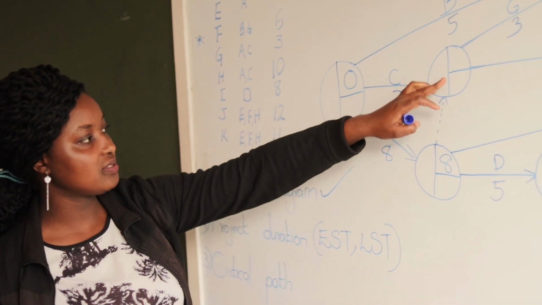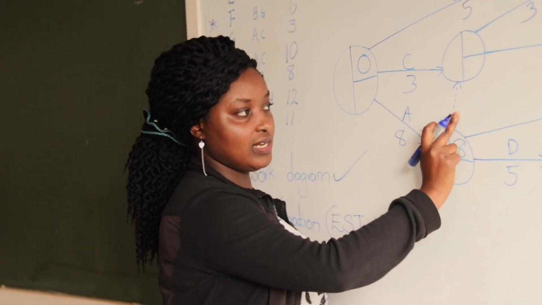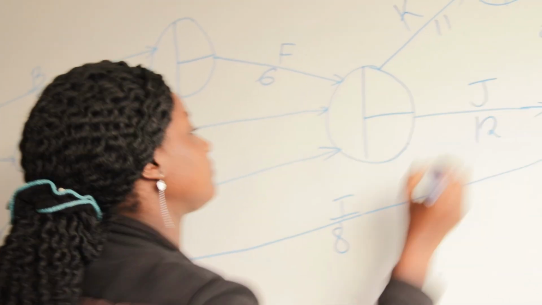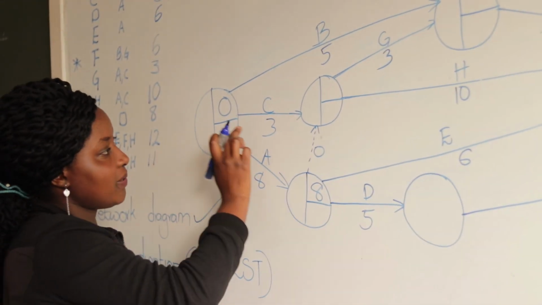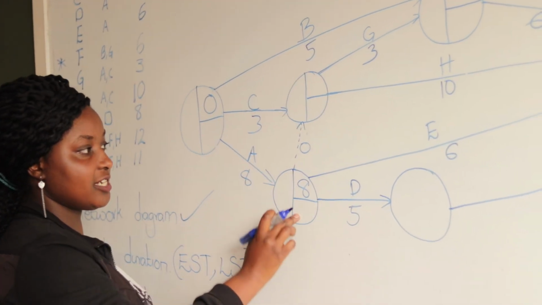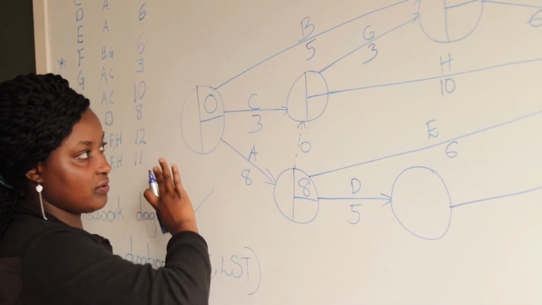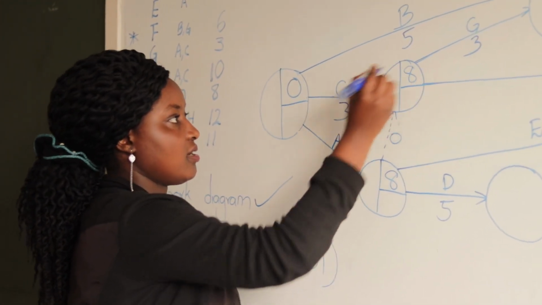Either using this route or this route. And then remember, for any dummy line, this is 0. This one is also 0. So 0 plus 3 is 3. 8 plus 0 is 8. And we agreed that for the early starting times, you pick the highest number, which is 8.